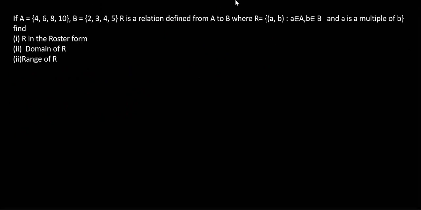Okay, now let's go to the other one, which says if A is equal to 4, 6, 8, 10, then B equals 2, 3, 4, 5. R is the relation defined from A to B. Then this is (a, b), where a is a member of set A, b is a member of set B, and a is a multiple of b.